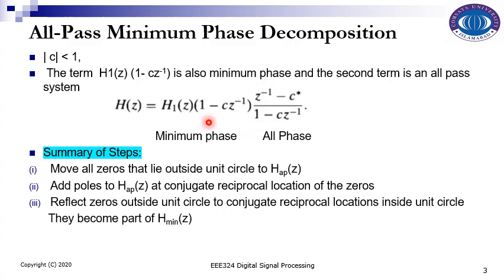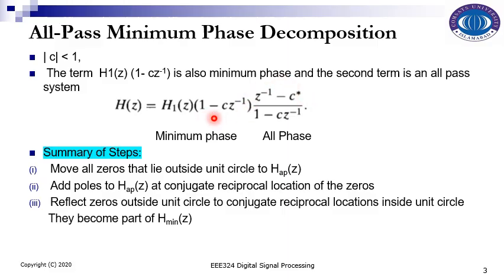And if we look over here, since we introduced these two terms, our H of Z hasn't changed. But now if we look at this part, our H1 of Z was already a minimum phase system, right? And this factor 1 minus C Z inverse, since magnitude C is less than 1, whereas 1 over C star magnitude was greater than 1 because the 0 was outside the unit circle.